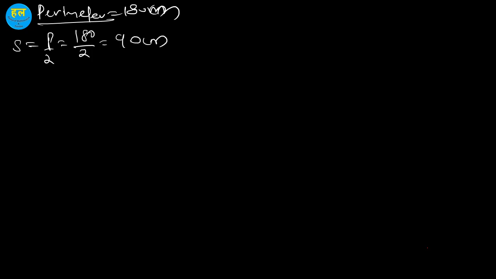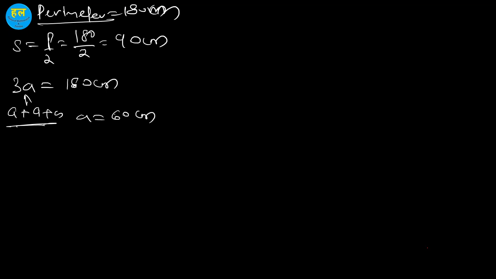Since it is an equilateral triangle, 3A will be equal to 180 centimeter, because A plus A plus A, the sum of all sides, is 3A. Therefore A is equal to 60 centimeter.